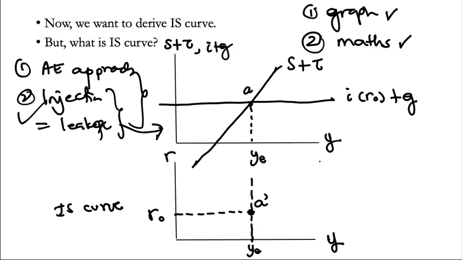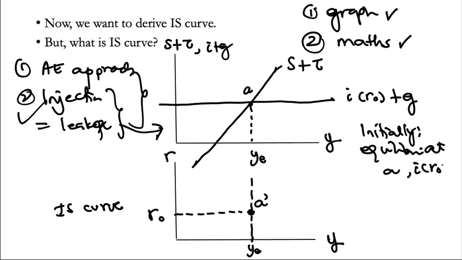Okay. So initial situation, equilibrium at A. Investment demand is this. Government spending is this. Saving is this. Tau is this. Tax. And interest rate is R0.